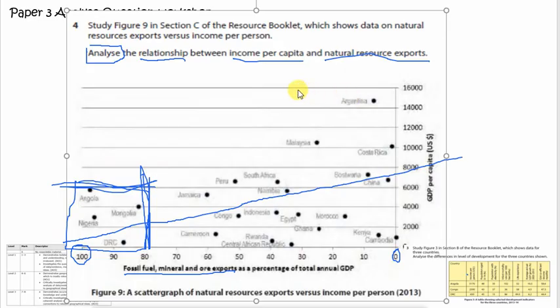I then might go to these 3, because these 3 countries have all got exports as a percentage of GDP that's under 30%. That's fine. A guesstimate's fine, by the way, with these. And they've all got GDP per capitas over 10,000.